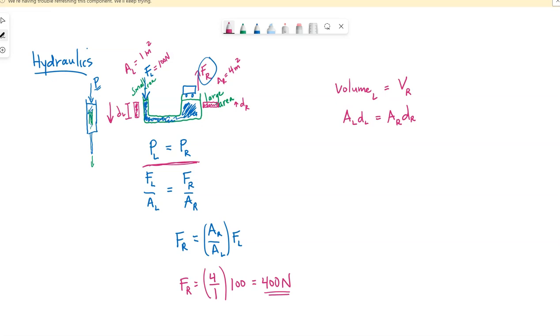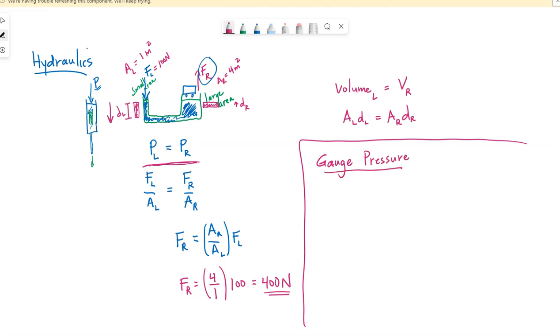One other concept that I'm just remembering I need to mention, and that is the concept of gauge pressure. If you've ever checked the air pressure in your tires, whether it's on a bike, a motorcycle, a car, the gauge you're using when you are reading it, you're actually reading the difference between the pressure of the gas in the tire versus atmospheric pressure.